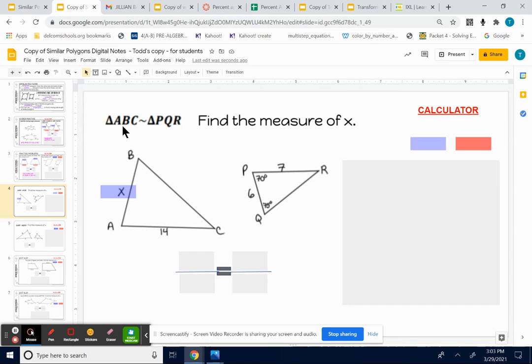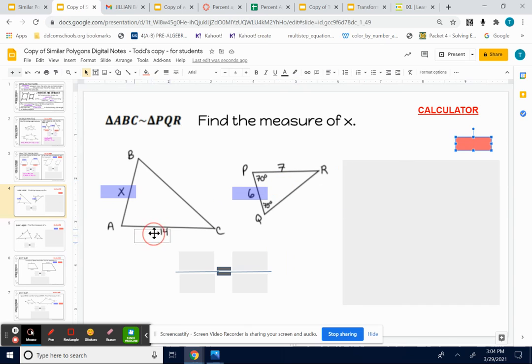Well, I'm gonna know AB corresponds to the first two letters over here, PQ. I promise it'll always work. So the side that joins P and Q is the 6. So that means X corresponds with 6.